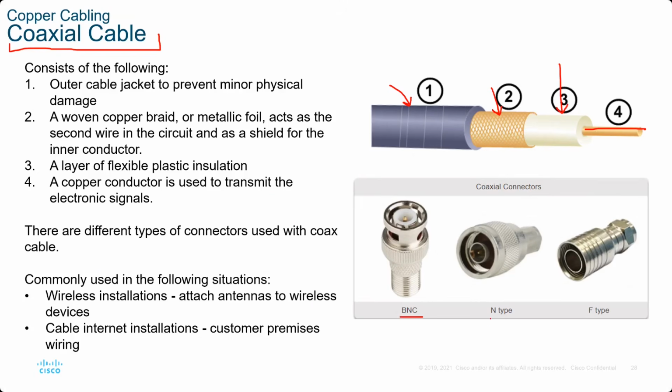Instead, it had BNC, N-type, and F-type connectors. Again, if you have seen the TV cables connecting, that is the exact same standard which was used in early computer networks as well, but they are no longer used in computer networks. They are just here for you so that you know the historical significance of this.